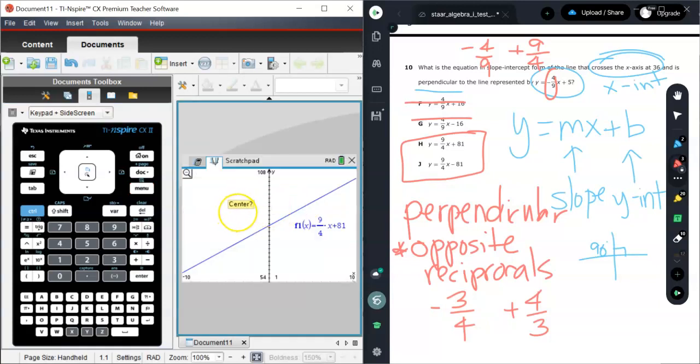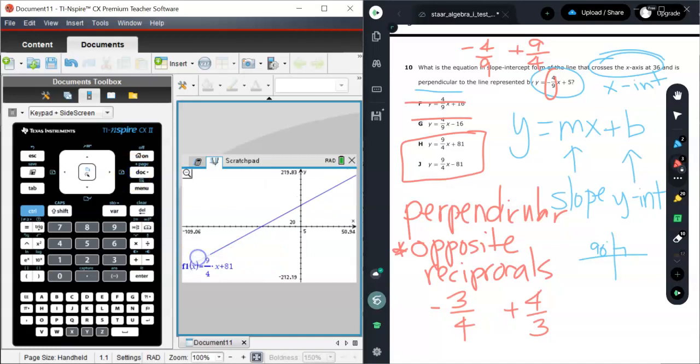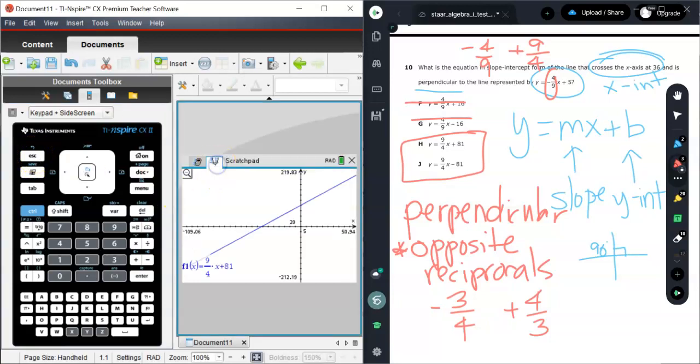You're going to get that little hourglass right there. You're going to keep clicking that little hourglass until you can actually see where the line crosses the axis. When you're done zooming out, hit Escape. Whoops, that's not what I wanted to do. I wanted to go back here to the graph, sorry. Hit Escape, and Escape will take you out of the zooming tool so that you're not constantly zooming out.